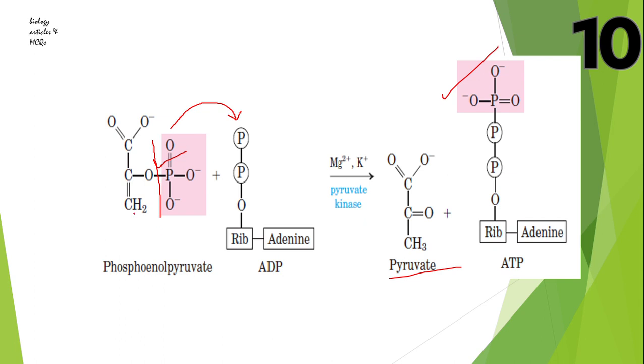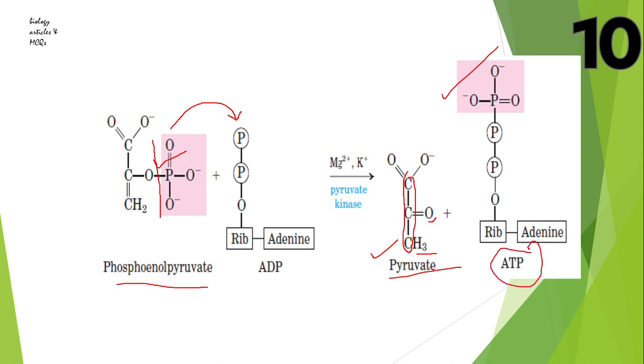Now this molecule is devoid of any phosphate, and if we remove a phosphate from the phosphoenol pyruvate, it results in a compound called pyruvate. Pyruvate has 3 carbon atoms, 3 hydrogen atoms and 3 oxygen atoms with 2 double bonds. So this is the last step of the glycolysis process.